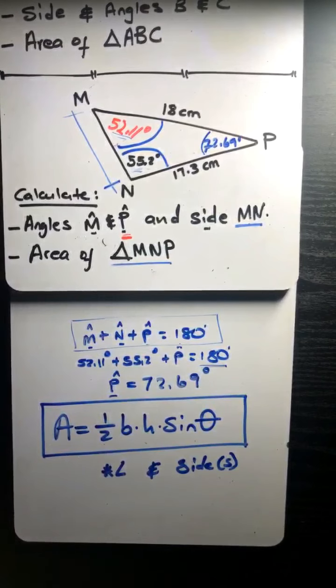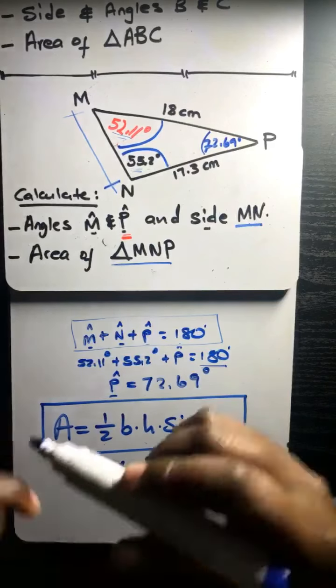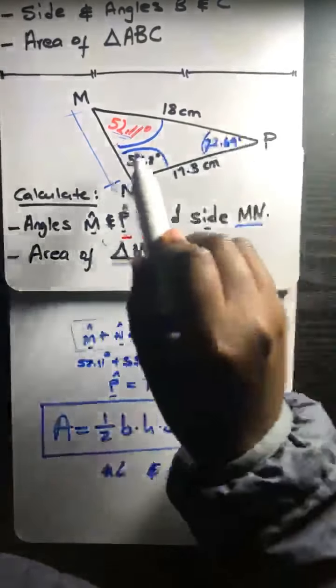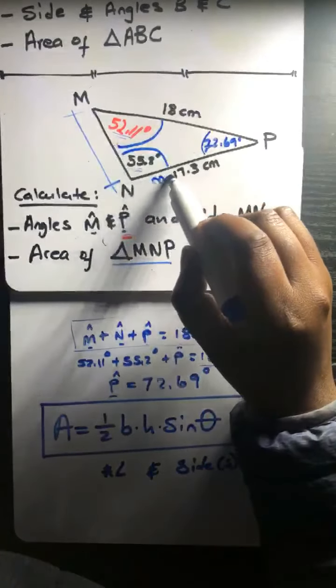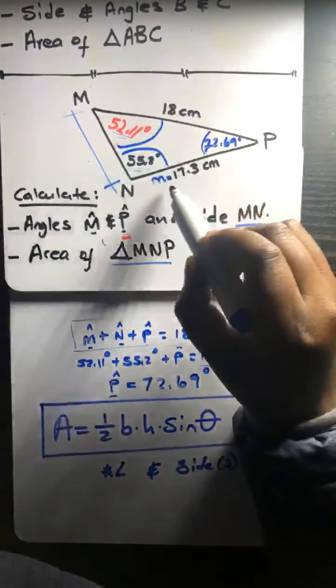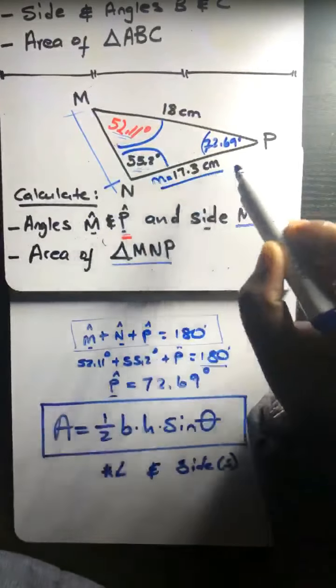I think we'll firstly identify our sides. For example, M is opposite to NP. So you can say that M is opposite to NP. Yes.